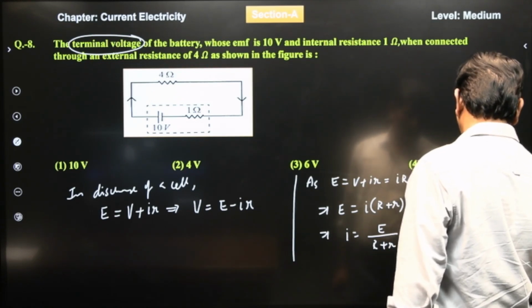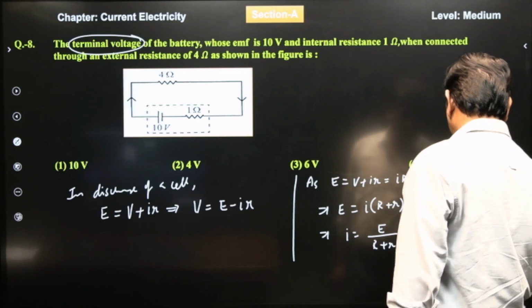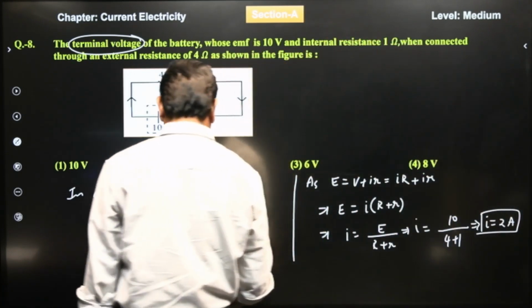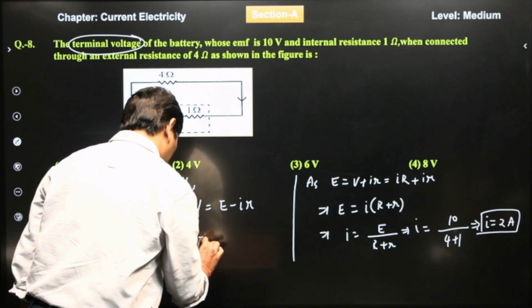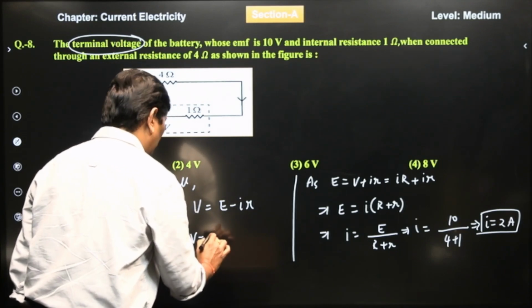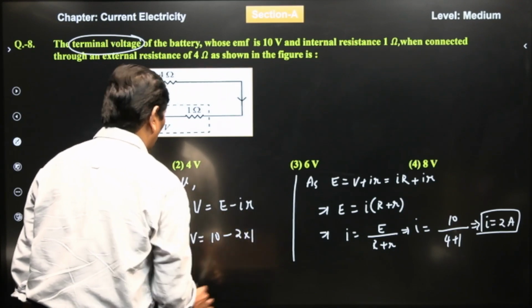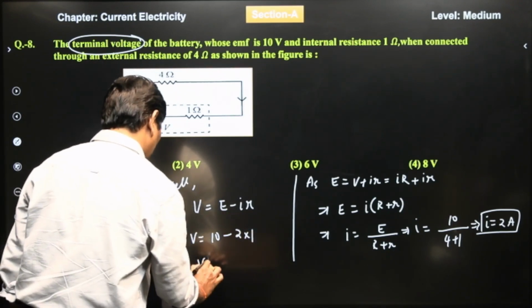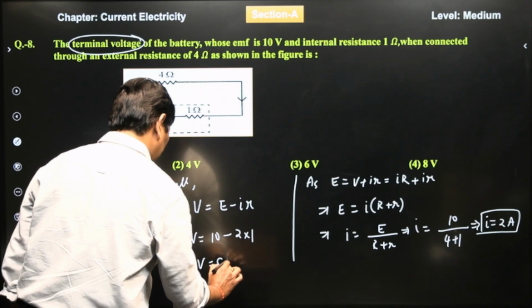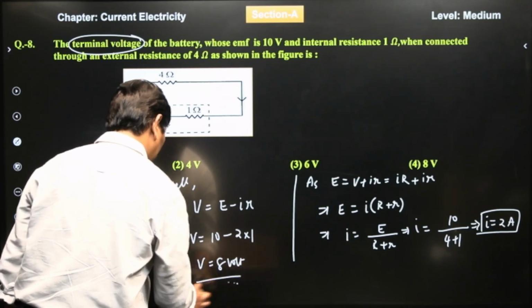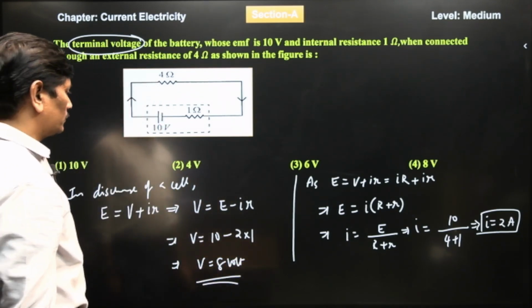So, it is 2 amperes. The current value in the circuit is 2 amperes, substitute that 2 amperes here. So, you will get the terminal PD V is equal to 10 minus 2 into internal resistance, given 1. So, you will get V is equal to 8 volts.